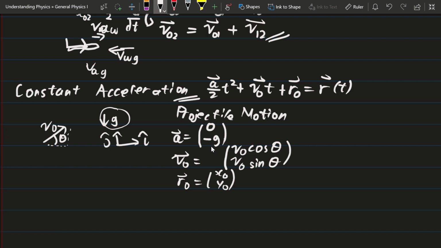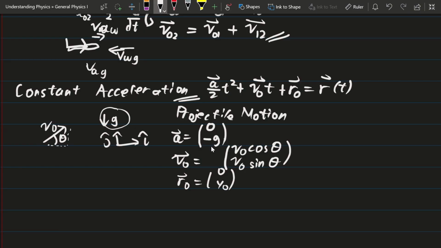But to simplify our case, let's just set x0 to be 0. Why? Because we want to simplify our lives.